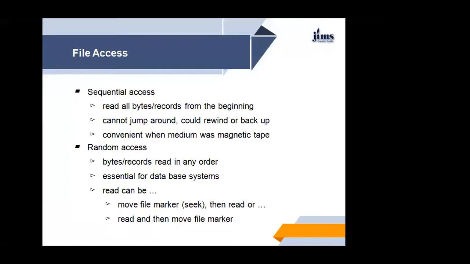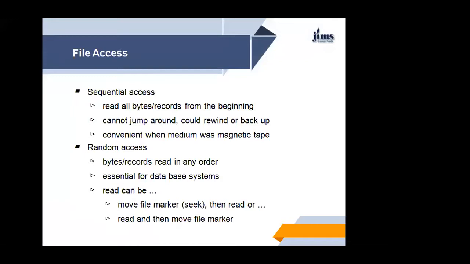Similarly, a write operation appends to the end of the file and advances to the end of the newly written material. Such a file can be reset to the beginning, and on some systems, a program may be able to skip forward or backward n records for some integer n, perhaps only for n equals 1.